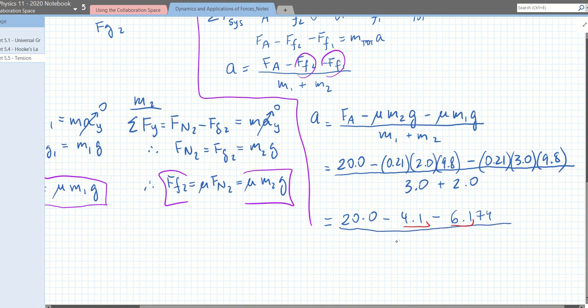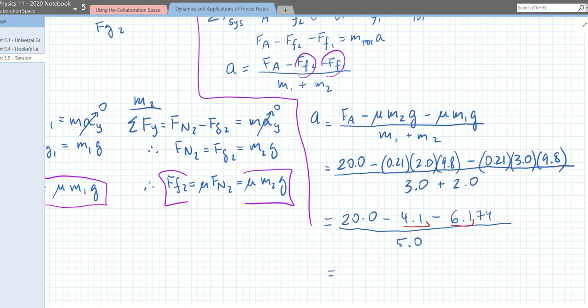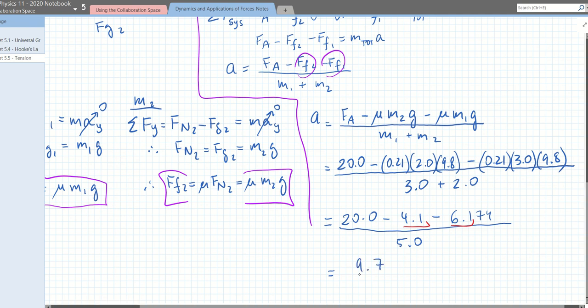Least number of decimals, so it's going to be 5.0. So on the top, we have 20 minus 4.11 minus 6.174. And all of this is going to be 9.7 over 5.0. So we get 1.9 meters per second squared as our acceleration for the system.